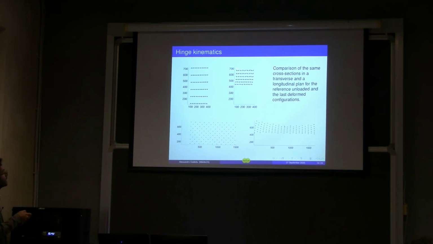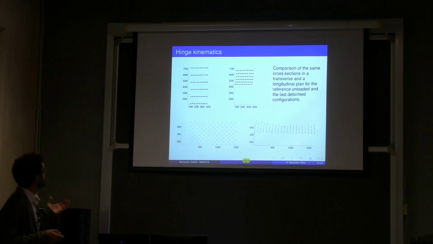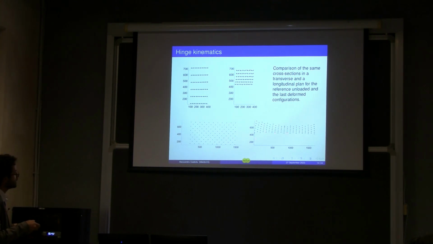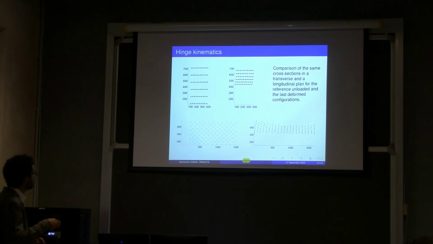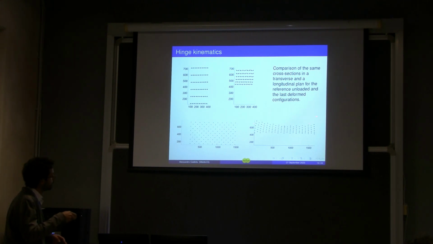We can see the shear of the pivots, we can see the buckling in the transverse direction, and we can see that essentially in the transverse direction the length of the specimen remains the same. We can see that the bottom of the specimen in the longitudinal direction remains essentially flat, while the top has a small curvature.